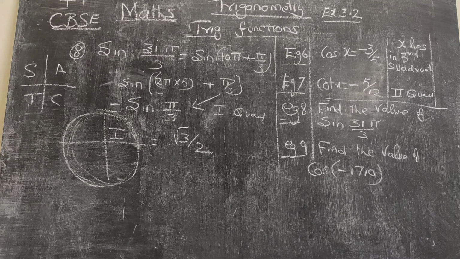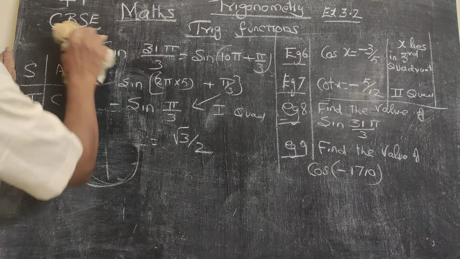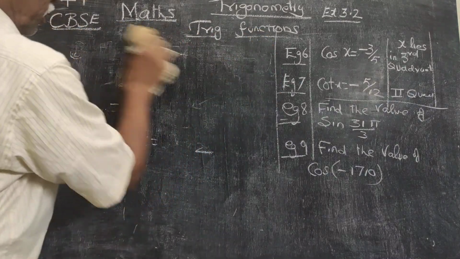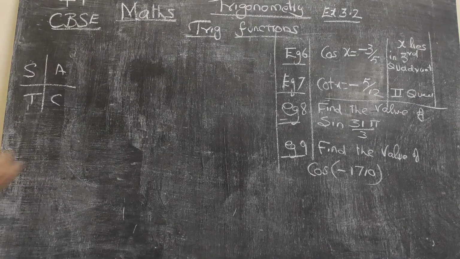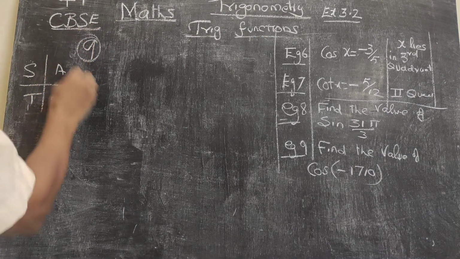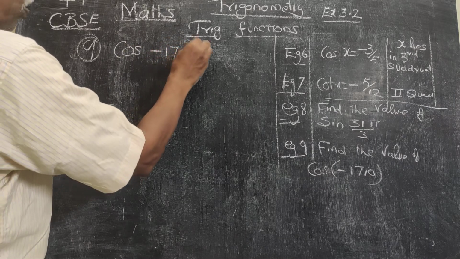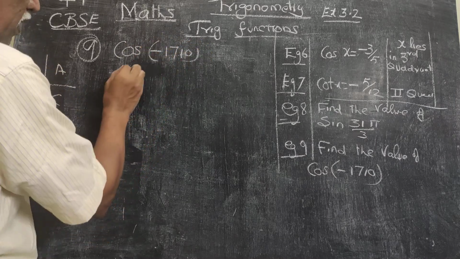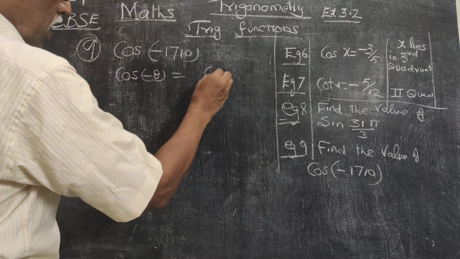Now let me go for the last problem, Example 9. The question is to find the value of cos minus 1710. Remember that cos minus theta is cos theta.